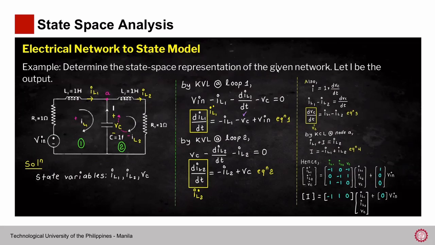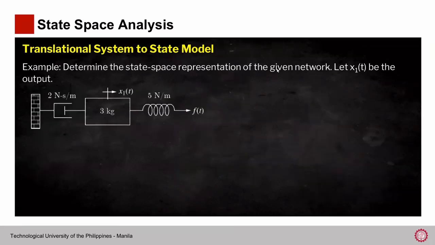So once makuha na natin yung mga relationship na kailangan, remember the goal is to get the derivatives of the state variables. And how do we know ano yung mga state variables natin? State variables are nothing but the energy storing elements sa isang circuit. So in this case, lagi po siyang inductor current and the capacitor voltage.